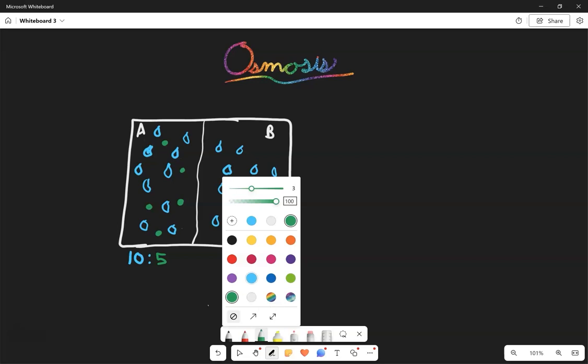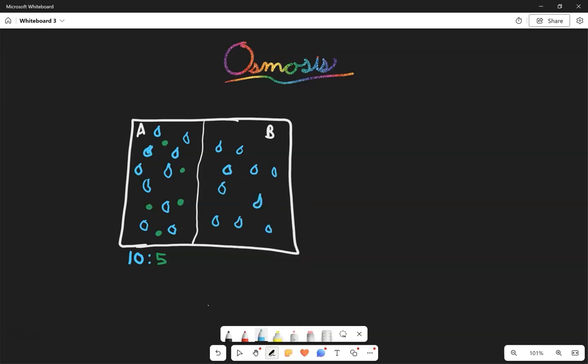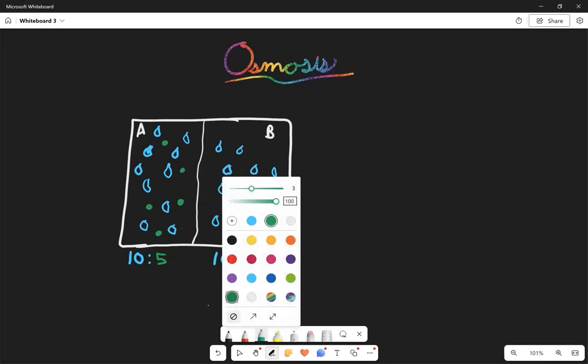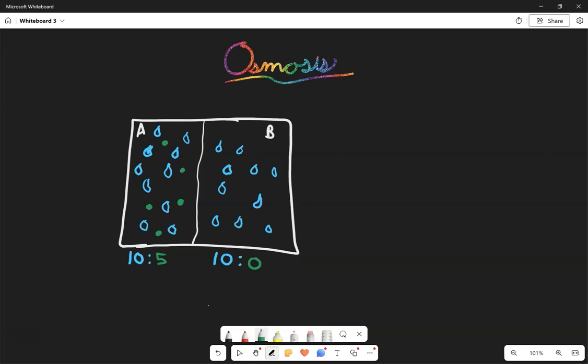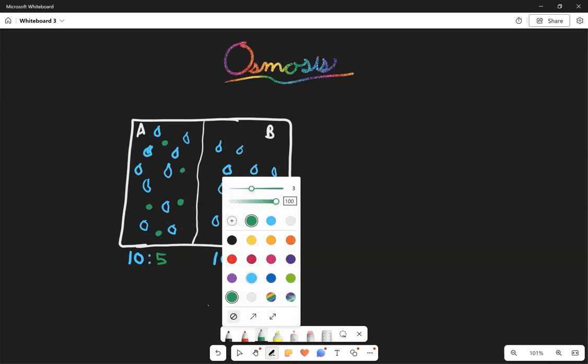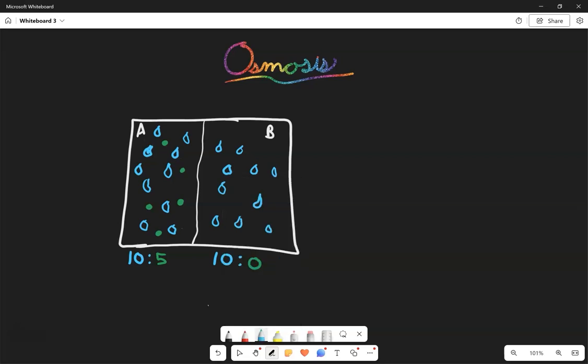Now over here on this side we have a ratio of 10 molecules of water to 0 stuff. Okay. Now water will move in such a way that it wants these two ratios to be the same.